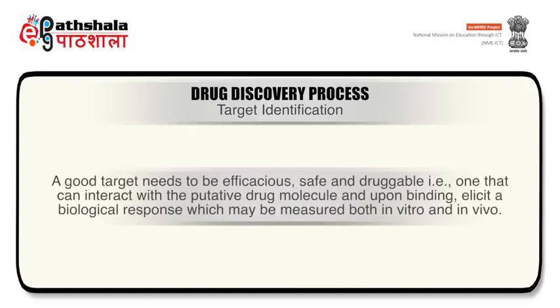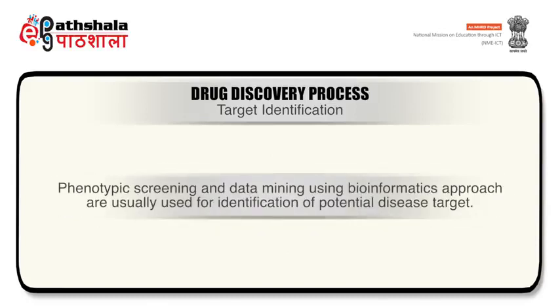A good target needs to be efficacious, safe and druggable, that is, one that can interact with the putative drug molecule and upon binding elicit a biological response which may be measured both in vitro and in vivo. Phenotypic screening and data mining using bioinformatics approach are usually used for identification of potential disease target.